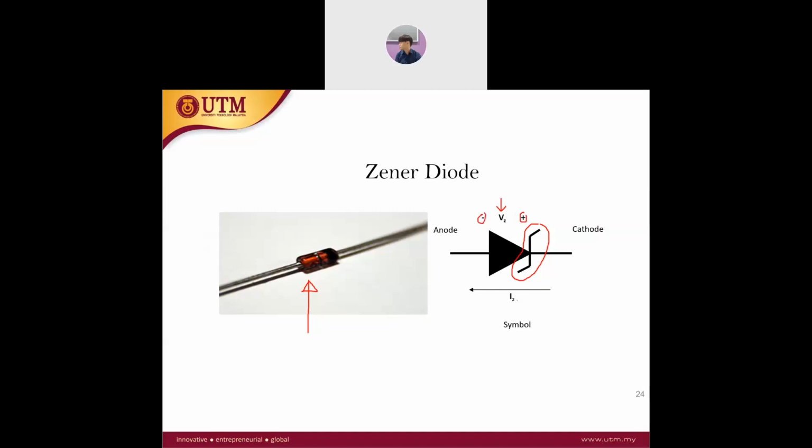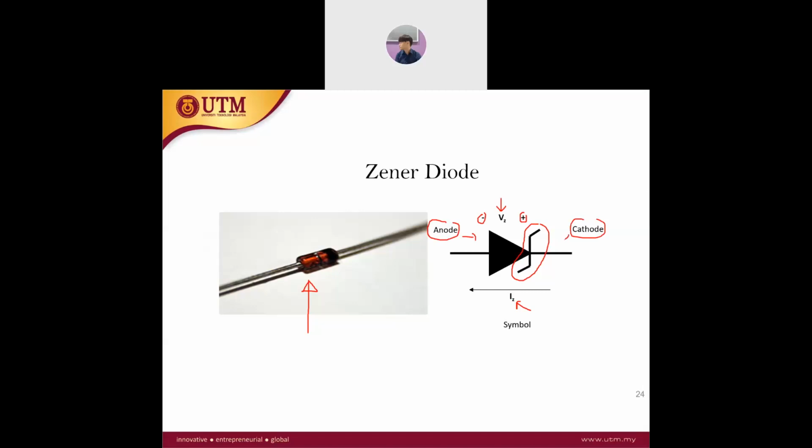So IZ is in the opposite direction of the normal diode for the ZENER diode, because the ZENER diode is designed to operate in the breakdown region. So opposite polarity. This is IZ, the ZENER current. This still maintains the anode and cathode, referring to the general diodes.